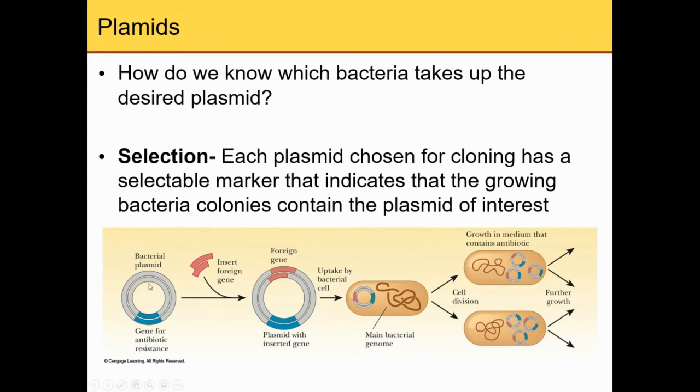So for example, the plasmid DNA needs to have a gene for antibiotic resistance. This is a selective marker so that you can recognize which cell is the recombinant cell, right? Through the antibiotic resistance. And then through the cloning, you put a foreign DNA here, and then perform the transformation into the bacterial cell.